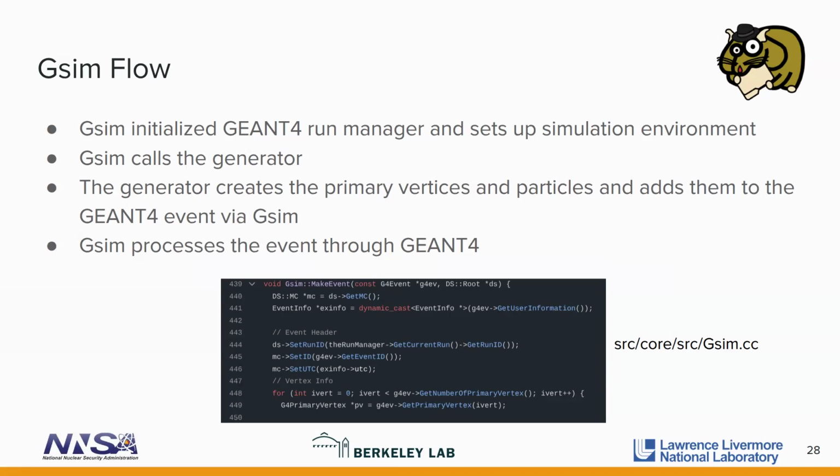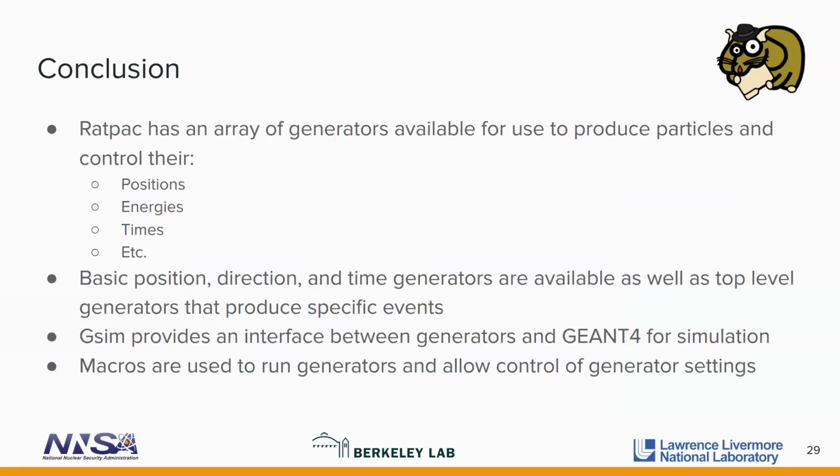And that will end up being written out in your analysis. So that's all I have. You can see that ratpac has a bunch of different generators available to control a whole bunch of your different properties and hopefully simulate most of the things that you might need.